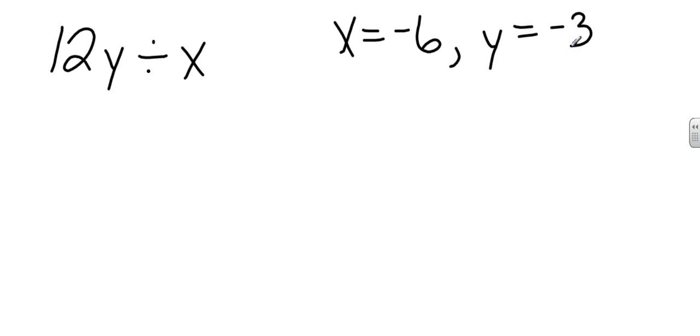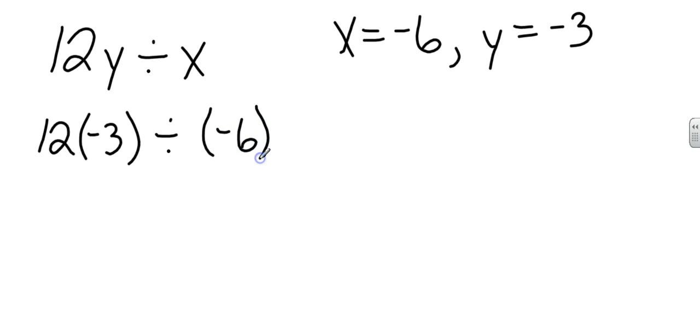What am I going to do everywhere I see x and y? I'm going to substitute in. So this is going to be 12 times negative 3 divided by, I'm going to go ahead and put the x in parentheses just because it's a negative. It's my personal preference. You can write it however you would like.